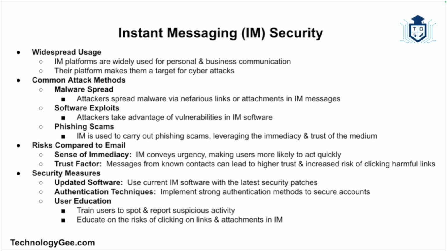In contrast to email, instant messaging frequently conveys a sense of immediacy and trust, mainly if the attacker has gained access to a known contact's account. People may therefore be more likely to click on harmful links or heed misleading instructions. The use of current software with security patches, proper authentication techniques, and user education on spotting and reporting suspicious activity are all examples of security measures for instant messaging.